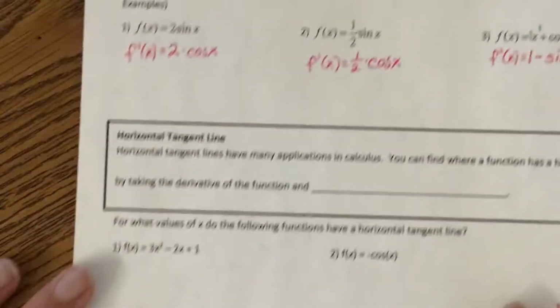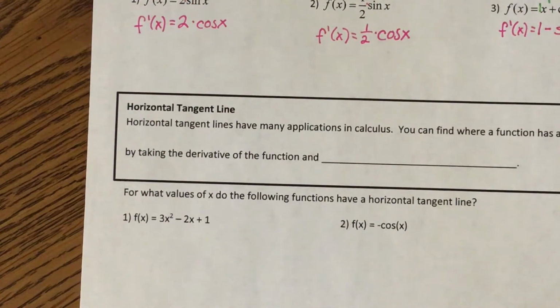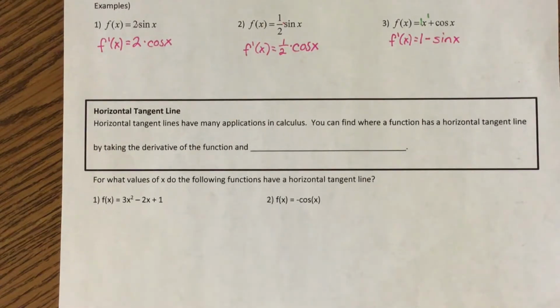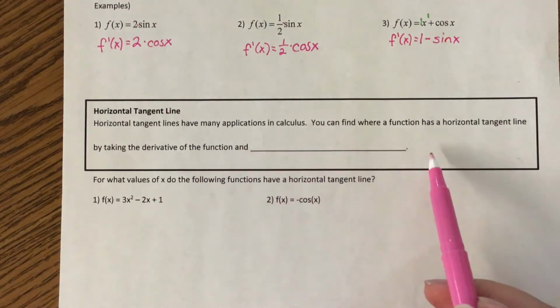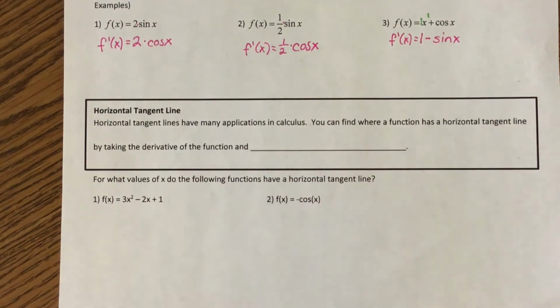Okay, horizontal tangent lines. Ooh, okay, these guys are another big idea within calculus. Horizontal tangent lines mean that your line looks like this, right? Horizontal is like the horizon, like the sun rises over the horizon. Horizontal tangent lines have many applications in calculus.